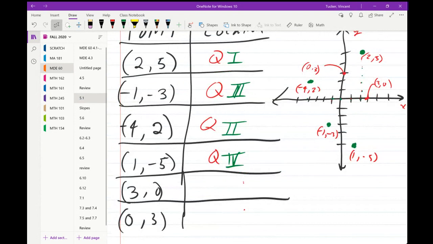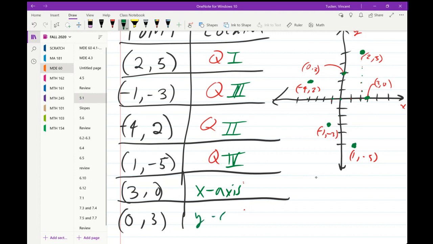The next two, we have (3, 0). I will go to the right 3, and then nowhere for y. Don't go up or down for y. Go to the right 3, nowhere for y. That leaves my point to be on the x-axis. Then for (0, 3), I don't move left or right, x is 0, but then I go up 3.